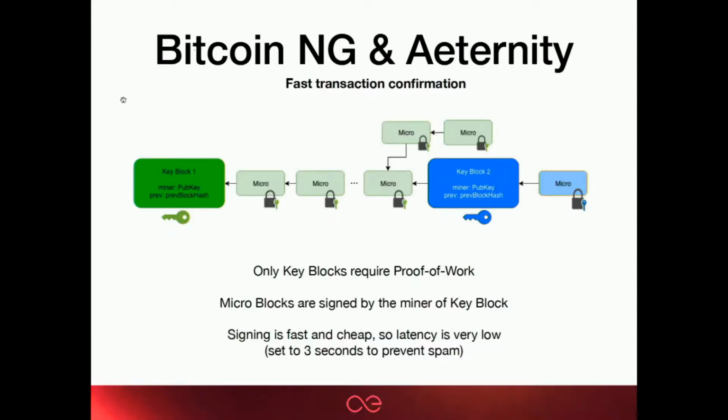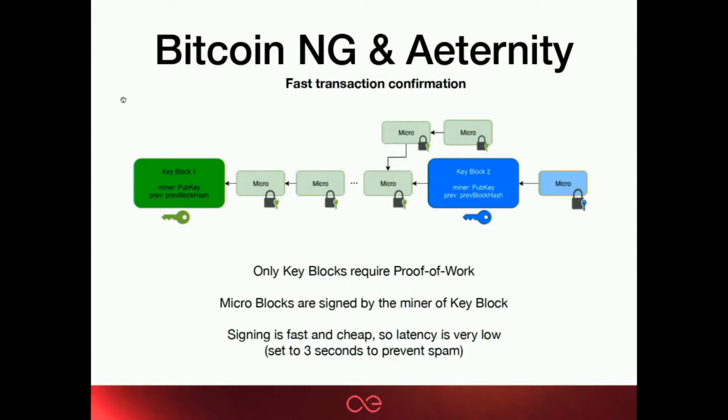Eternity, to deliver its great promises, uses Bitcoin NG protocol. This is a chain-oriented data structure and the protocol for how to organize it. As I told you, we are proof of work, but we don't mine whole blocks of transactions.